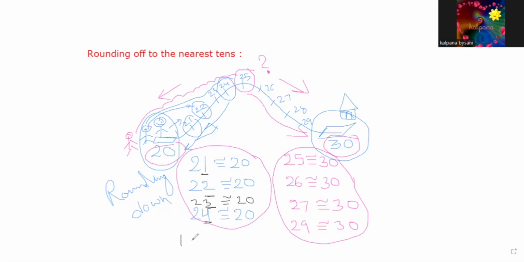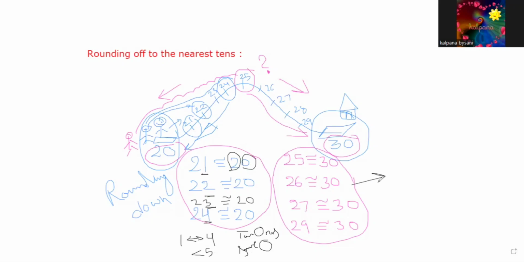If the ones digit is between 1 to 4, meaning less than 5, what's happening? The estimated value nearest to 10, that ones place becomes 0. And what about the tens place? The tens place remains the same. Is it correct, children?